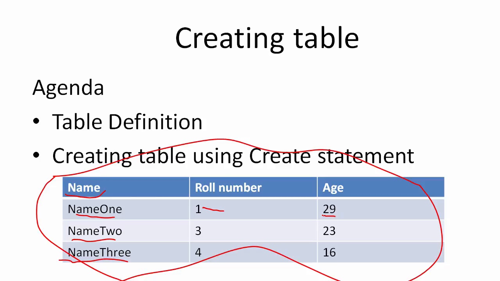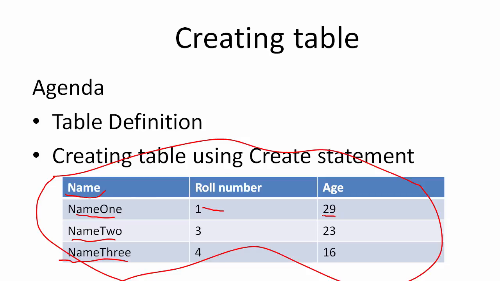So whenever we create any table, first we need to define which column is going to be a string, which column is going to be a decimal, and which column is going to have some integer. So this is all about the data types that we are going to use inside any table.